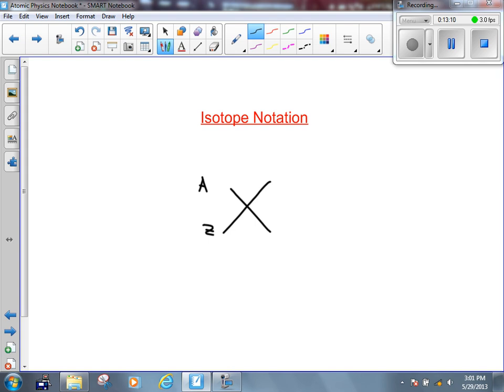The notation would look something like this, where X represents the chemical symbol. For carbon, it would be C. For iron, it would be Fe. For uranium, it would be U. Z represents the atomic number. The atomic number is the number of protons.